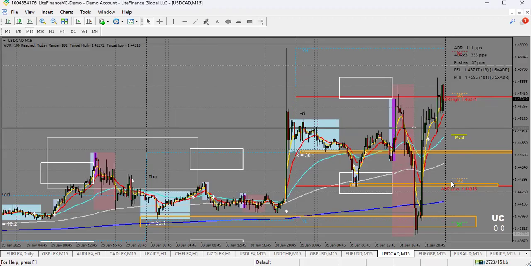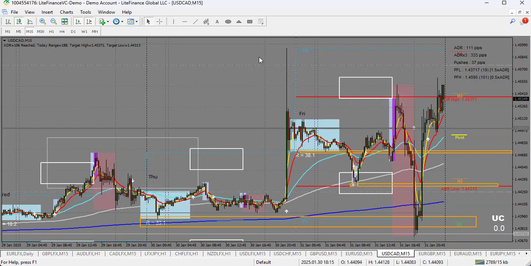Because a natural support or a natural resistance can be a previous day high, previous day low, previous New York session high, New York session low, or London high, London low. So any previous high or low that has been set is basically an area of support or resistance, and a key level for the market maker to find before continuing going up.